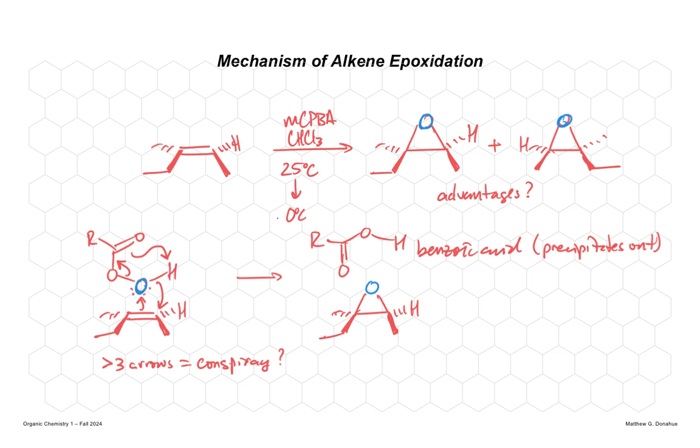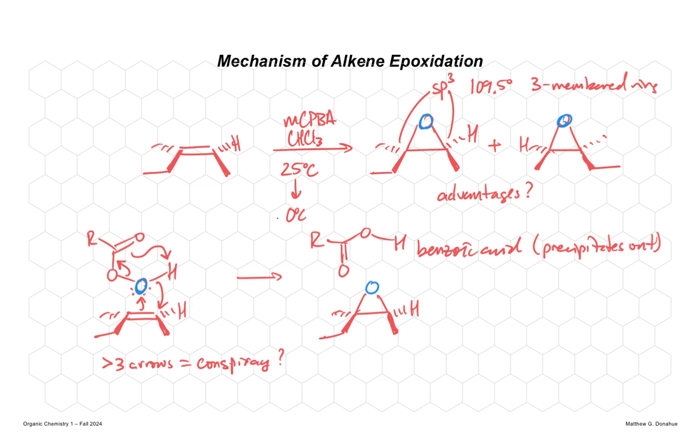So we know that these carbon atoms are sp3 hybridized, and so they should have a bond angle of 109.5. But in a 3-membered ring, that bond angle is significantly compressed.